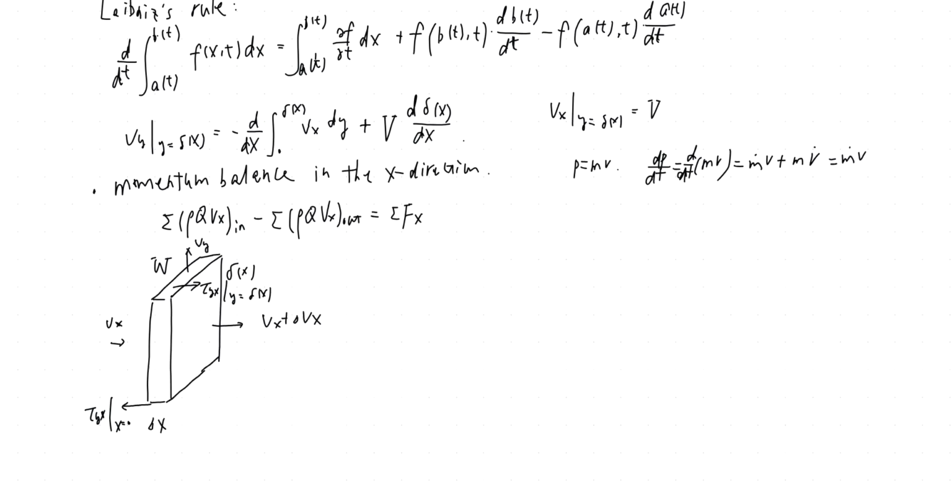Here, I'm going to claim that tau Yx evaluated at y equal to delta x, that means the shear stress on the top of the surface, is 0.